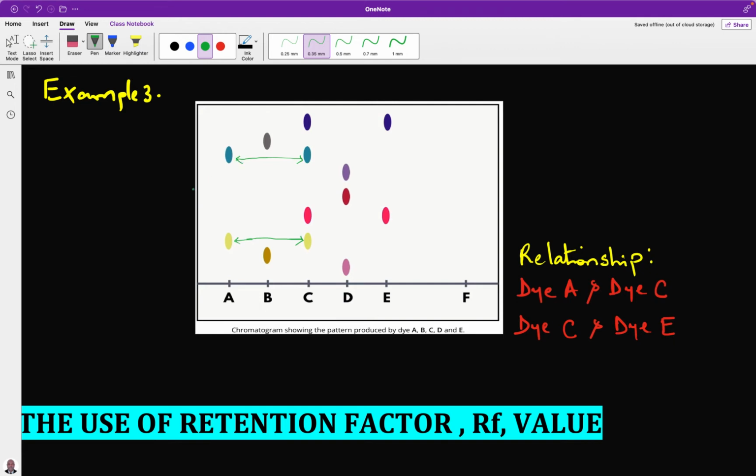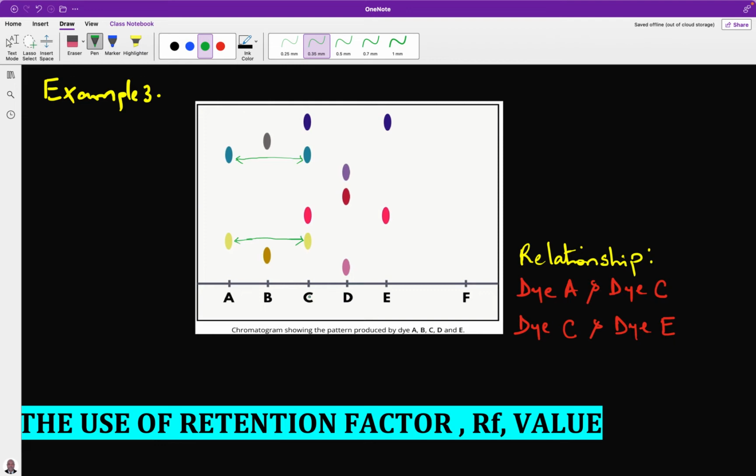So I now say A and C have some components that are present in each other. Now, let's proceed to the other water soluble dyes C, D, and E. If I look at B, it has nothing in common with C, D, and E.